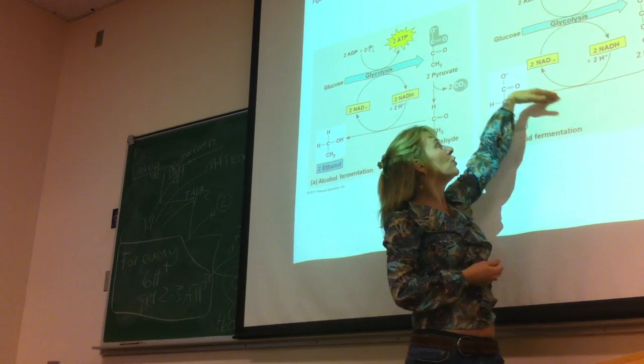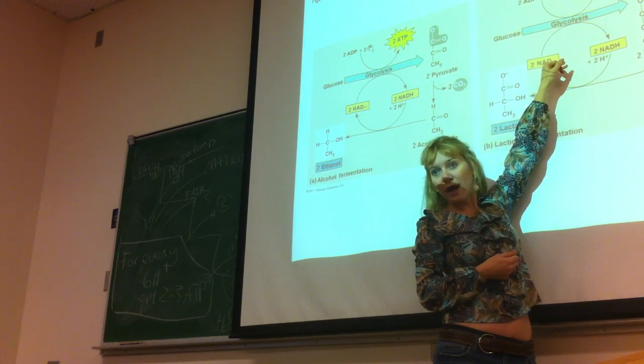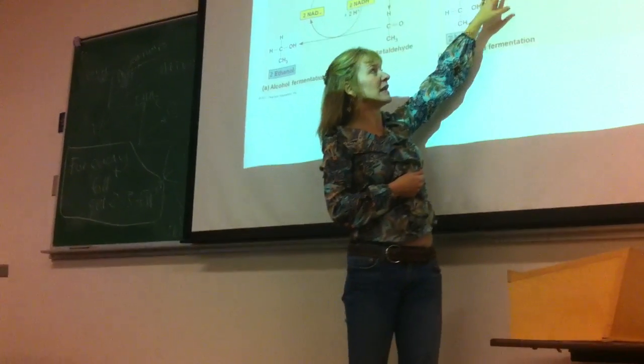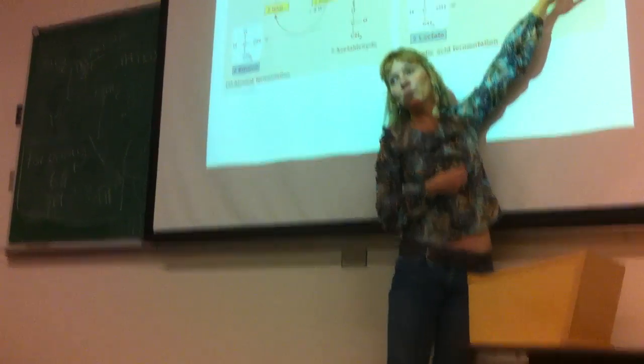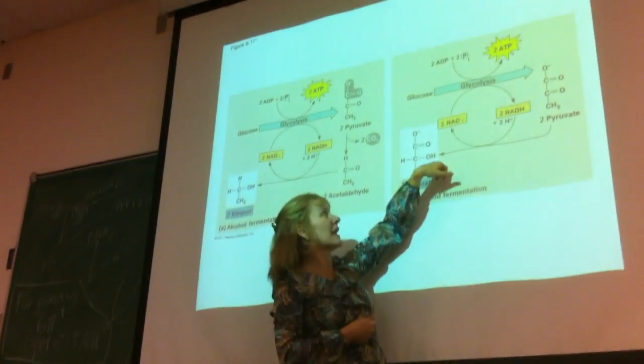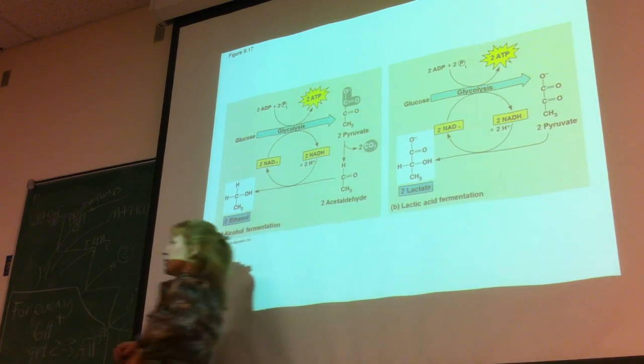So you have to remove those electrons in order to recover your electron carrier. In the case of lactic acid fermentation, what happens is the pyruvate passes its electrons to lactate and then restores the NAD plus.